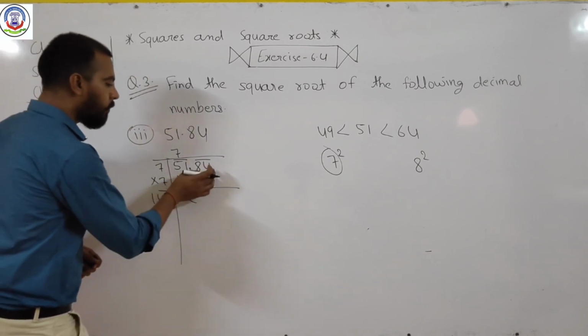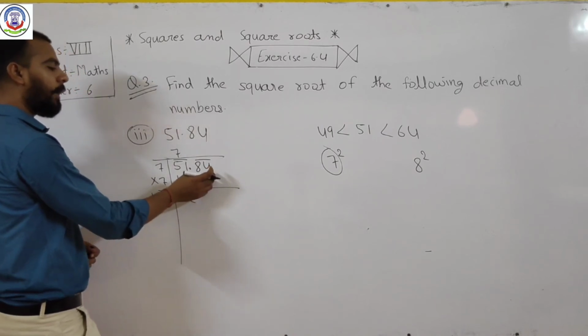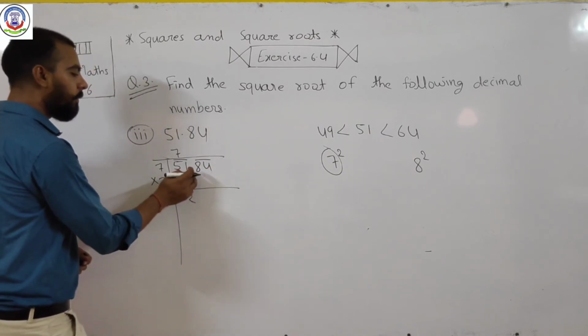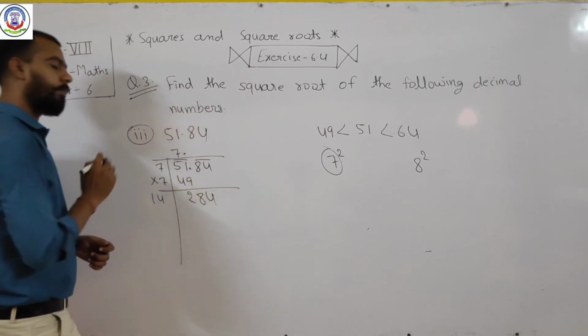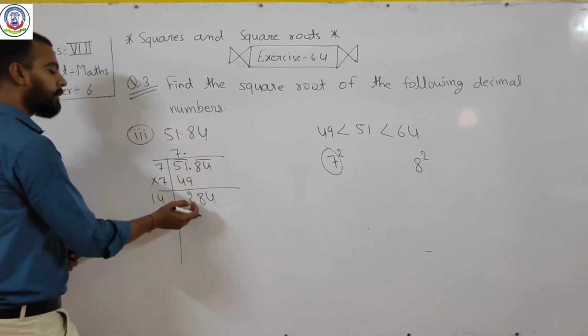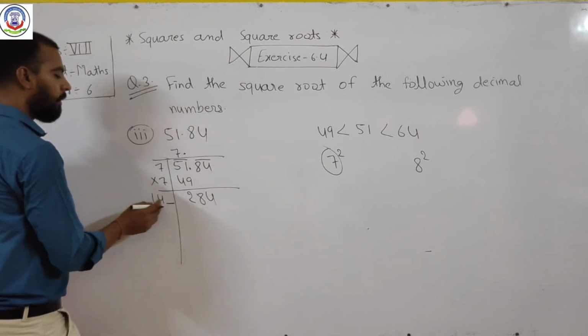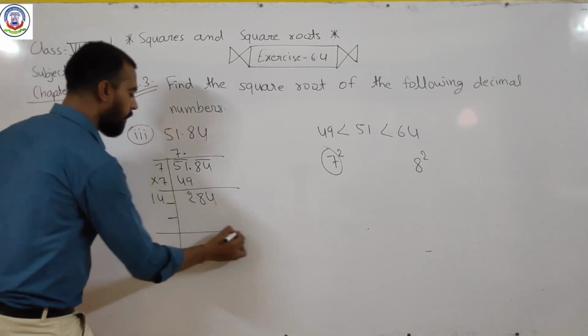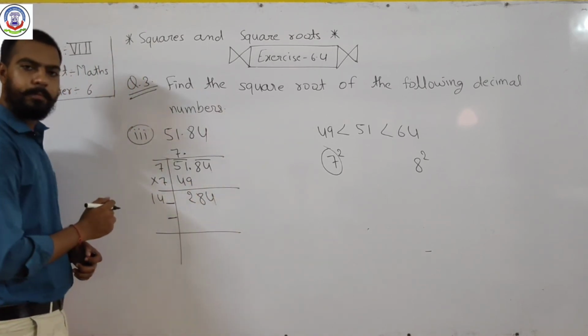Now we have to carry the next number, we have to write down 84 here. So we will write the decimal here and 84 with 2. Now this number is 284 and we have to write a number with 14, and the multiplication of that number should be 284.